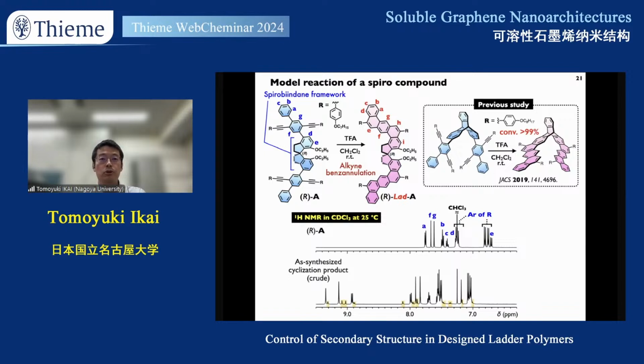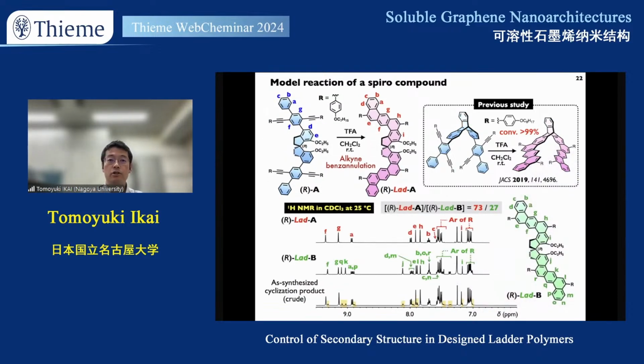In contrast to the previous study using the triptycene unit, in this case the cyclization product showed a complicated NMR. This suggests that undesired product formation occurred.